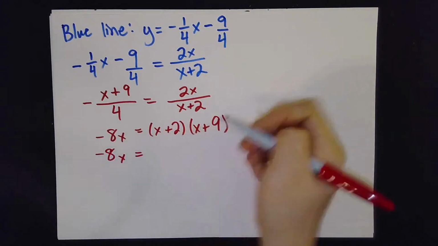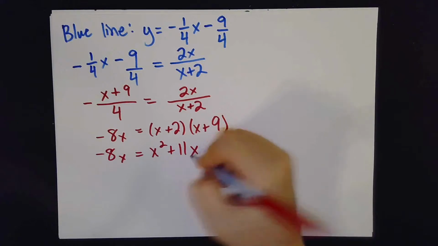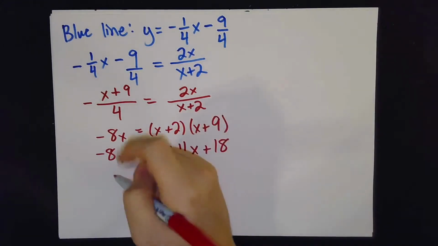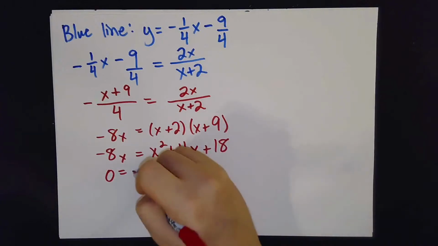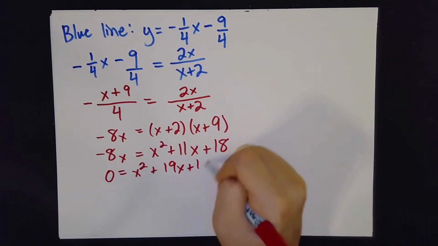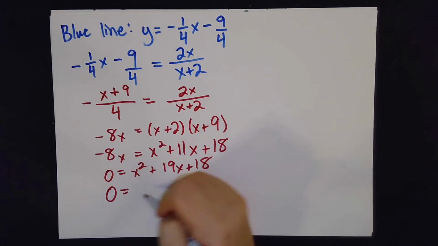And so if we simplify this a bit, I'll get 0 is x squared plus 19x plus 18, which actually factors pretty nicely.